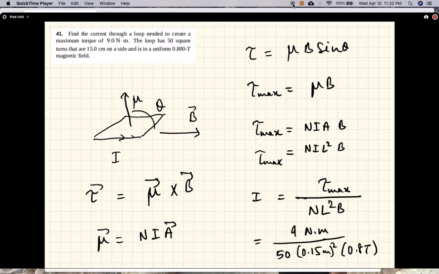You can see from this expression, the higher the current, the greater the maximum torque. So you need to pass a 10 amp current to get that torque.